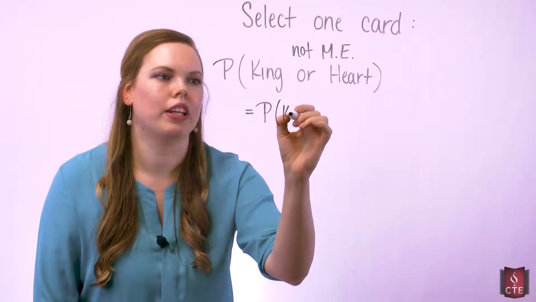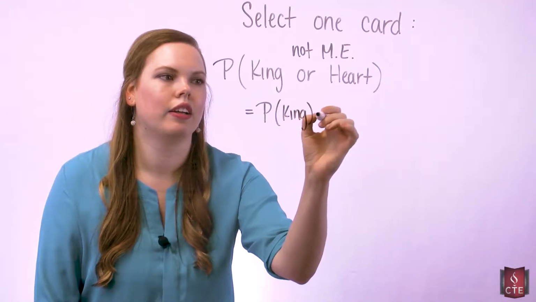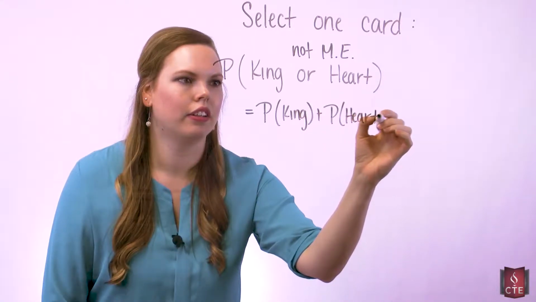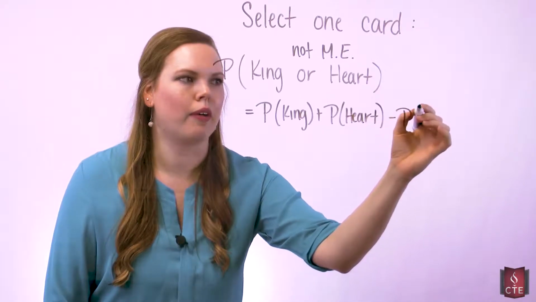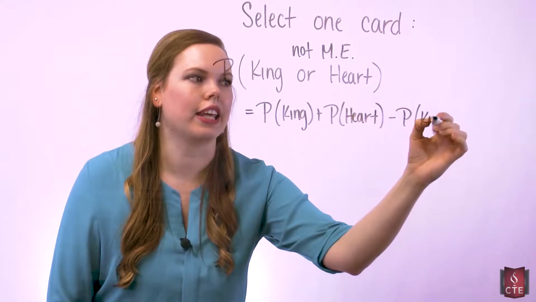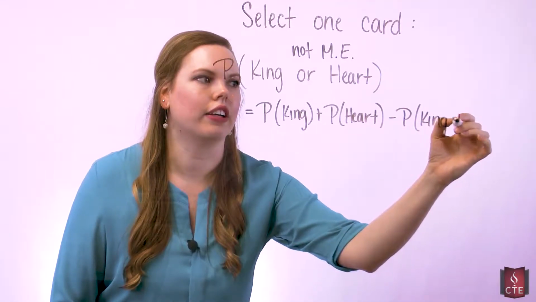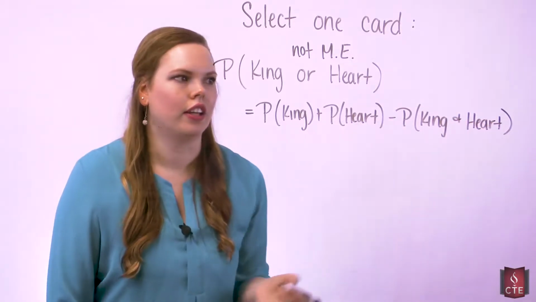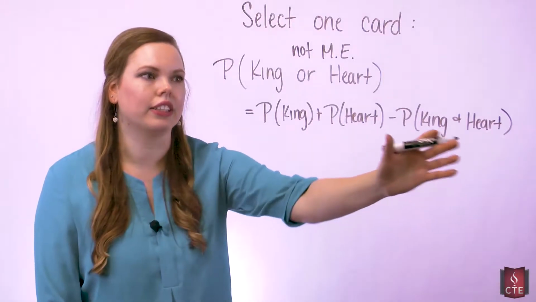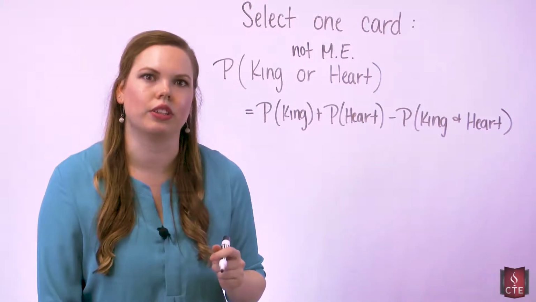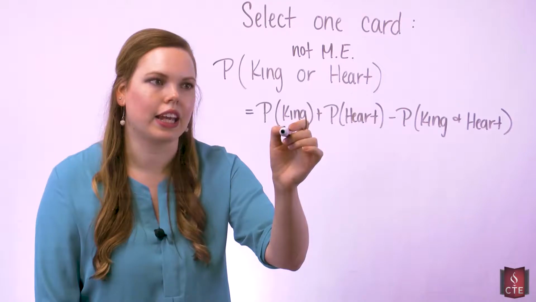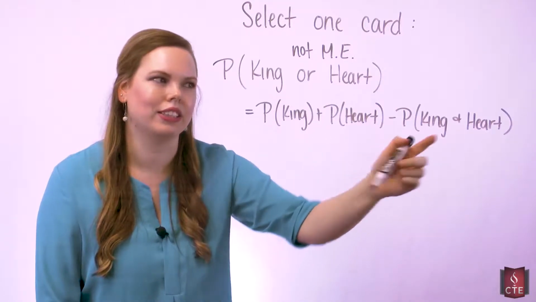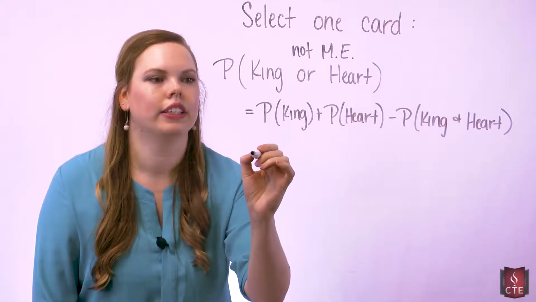We'll take the probability of a king plus the probability of a heart, and then subtract off the probability of both a king and a heart. This is, once again, because there's an overlap between these two events. There's a king of hearts that's counted here and it's counted here. We don't want to count it twice, so we subtract it off once.